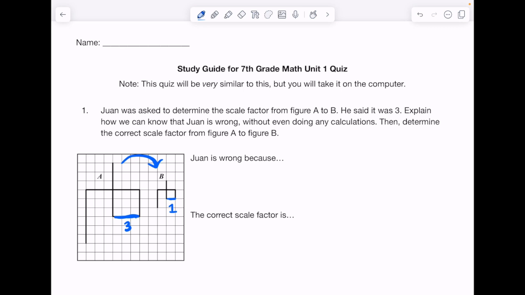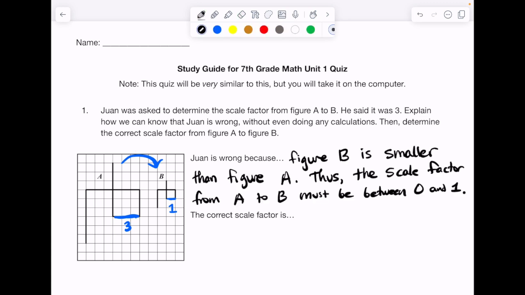So it can't be 3, because that would mean we would be multiplying by 3, right? And then we'd get 9 instead of 1, and that's not what's happening here. Okay, so Juan is wrong because figure B is smaller than figure A. Thus, the scale factor from A to B must be between 0 and 1.